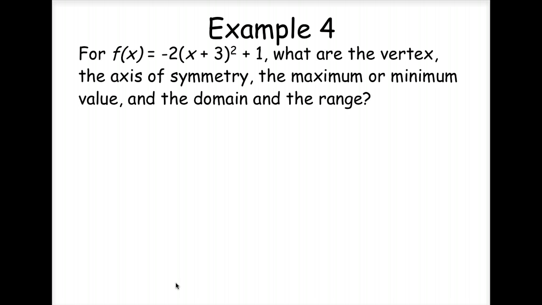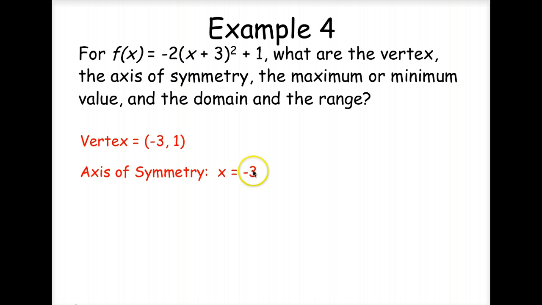Let's look at another one. Again, we name the vertex, axis of symmetry, maximum or minimum, and the domain and range. So the vertex is -3, 1. Can you figure out what the equation for the axis of symmetry would be? X equals -3. Excellent, because a 3 right here. How about a maximum or minimum?